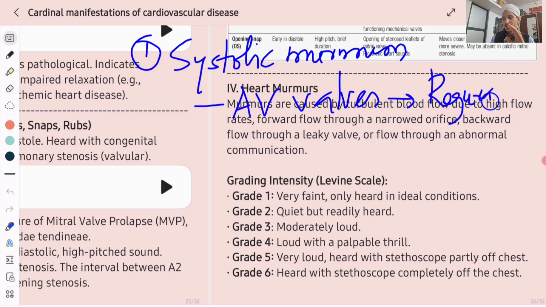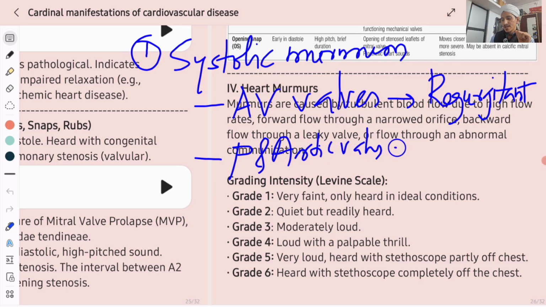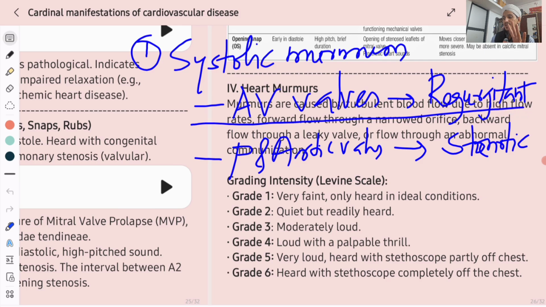Regurgitant murmurs of the AV valves are produced during systole, and the pulmonary and aortic valves, being open, will have stenotic murmurs during systole. Systolic murmurs are nothing but AV regurgitant murmurs and pulmonary and aortic stenotic murmurs.